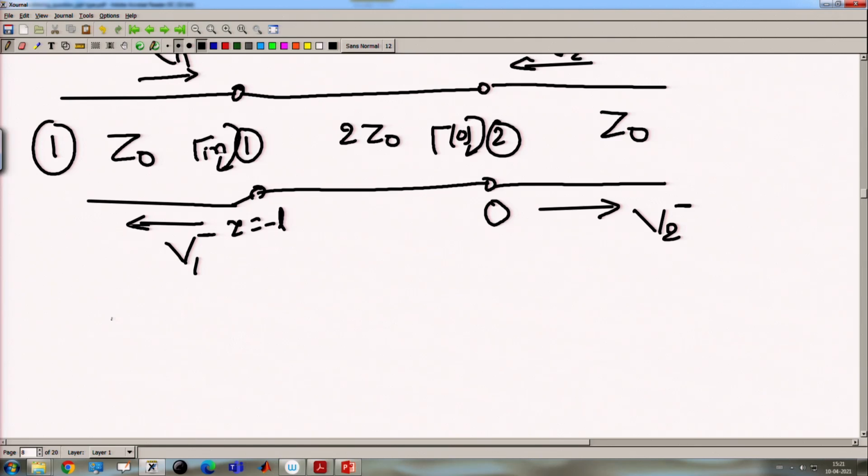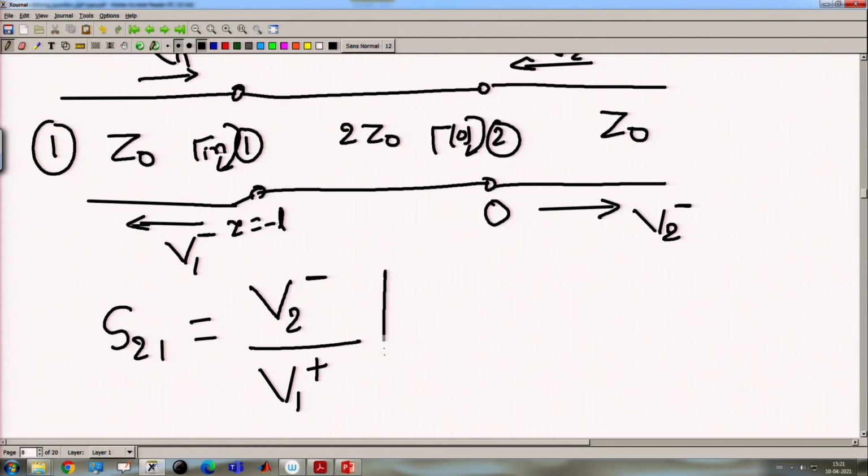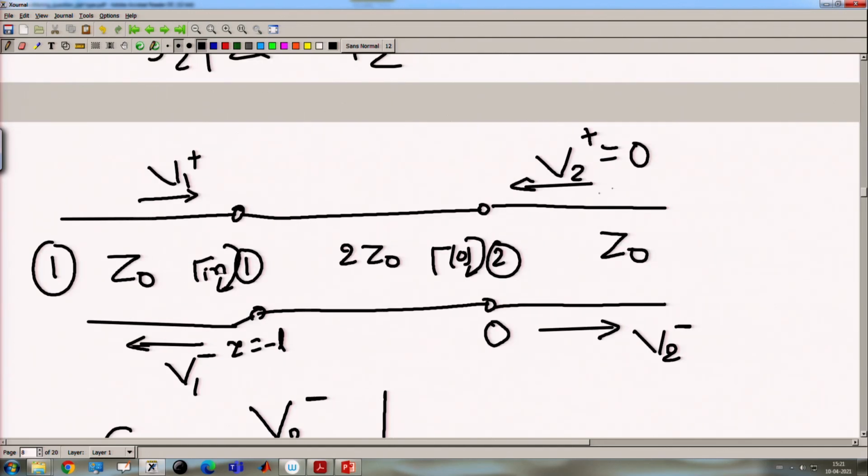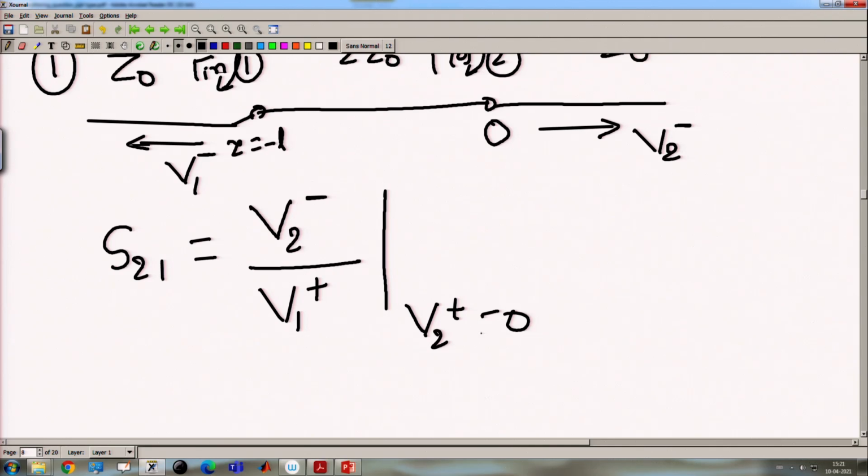We are finding S21, which equals V2 minus divided by V1 plus when V2 plus equals 0. That is why we have taken this condition V2 plus equal to 0. So, S21 is defined as V2 minus divided by V1 plus.